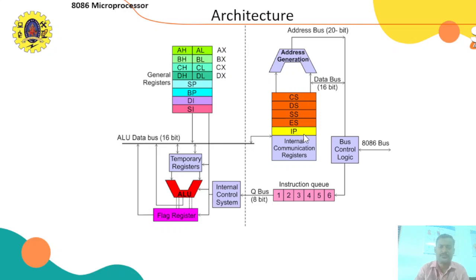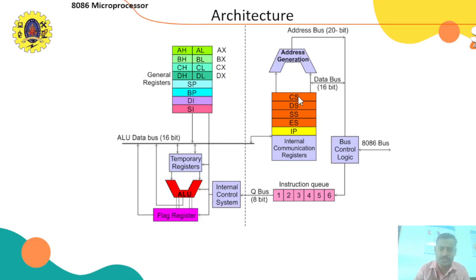The remaining offset registers are under the control of the execution unit. Only the instruction pointer is used for accessing the particular program codes. That's why the code segment and instruction pointer are combined to generate a particular location for a program, and so this is under the control of the bus interface unit.